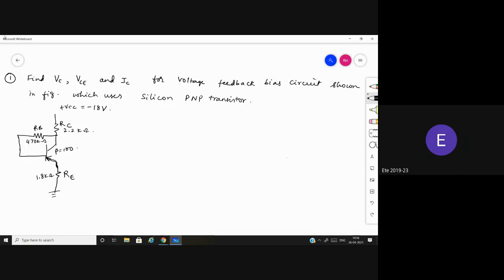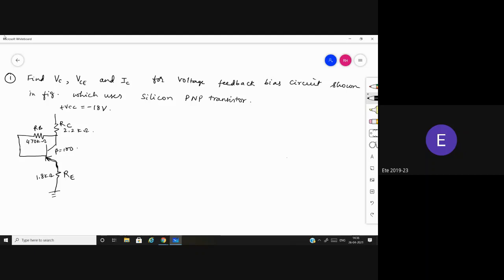So now the analysis for this is same as whatever we have done for NPN transistor. Everything is same. Okay. So only the polarities are going to change. That's it.